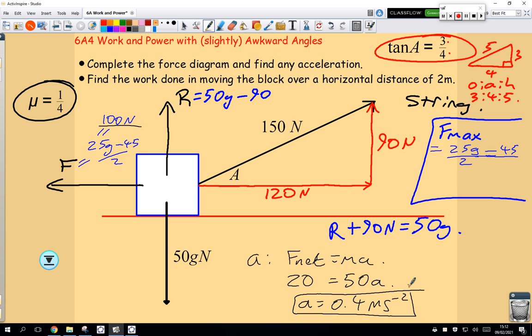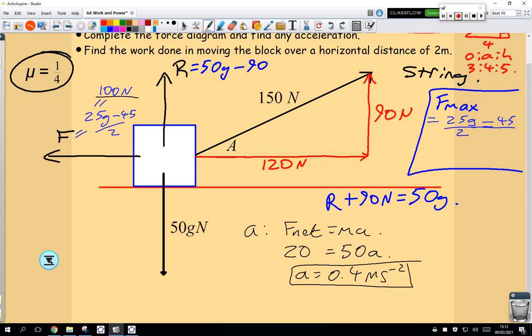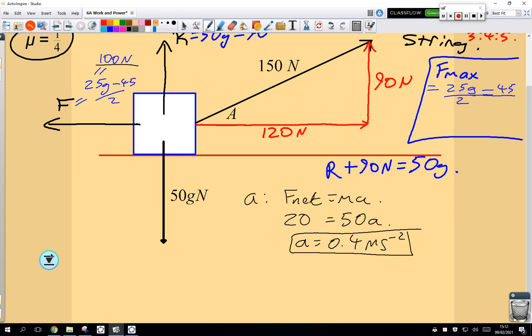Okay, so that's the acceleration. Find the work done in moving the block over a horizontal distance of 2 meters. Well, there's different things doing different work. If we look at the work done by the string, we know that work done is equal to the force applied in the x sense multiplied by the displacement in that sense.